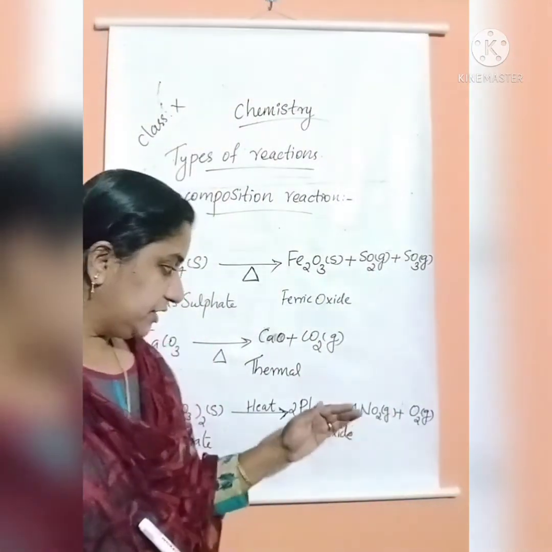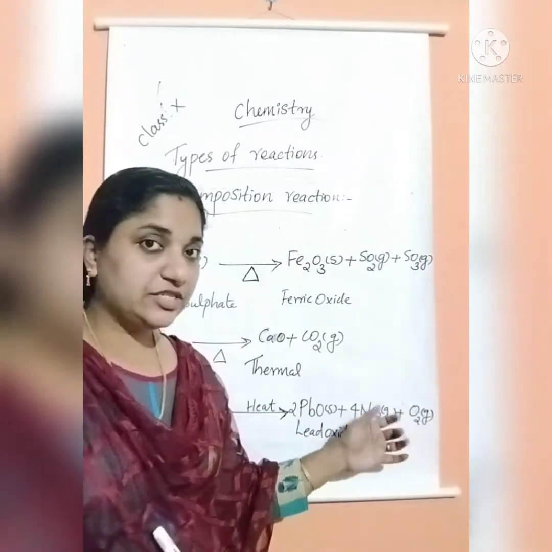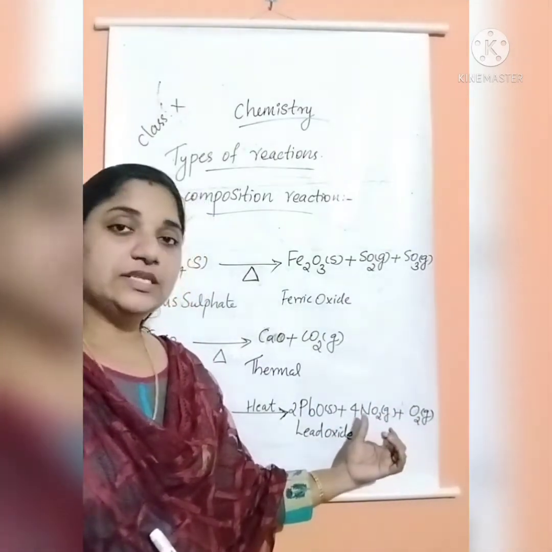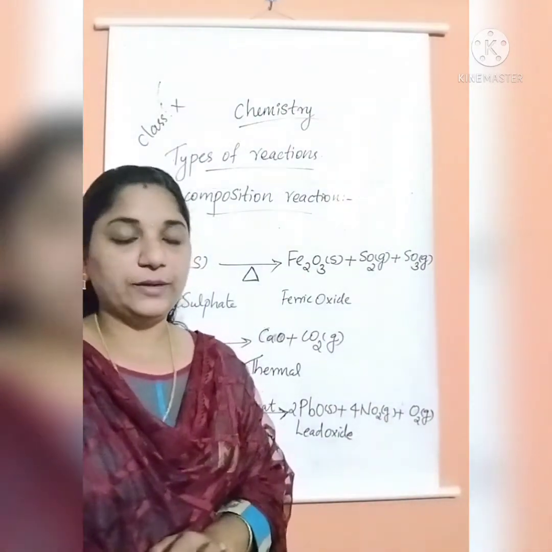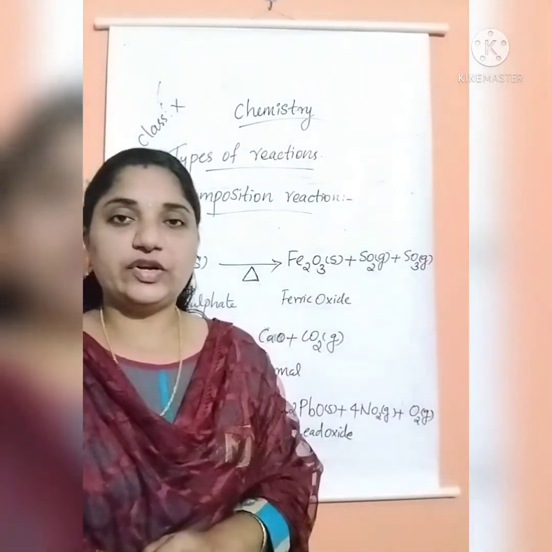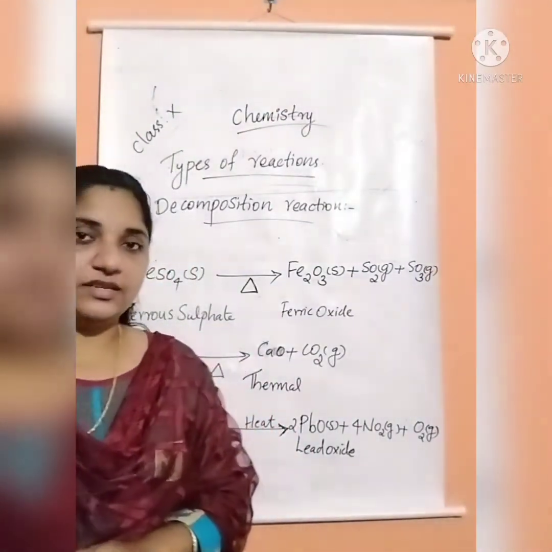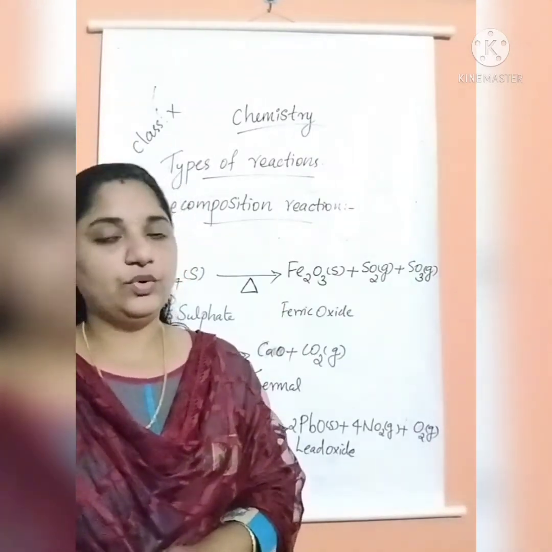What happened? It turns into lead oxide, nitrogen dioxide gas. NO2 means nitrogen dioxide gas, and oxygen gas also formed. The color of the nitrogen dioxide gas is reddish. That reddish gas is known as nitrogen dioxide, NO2 gas.